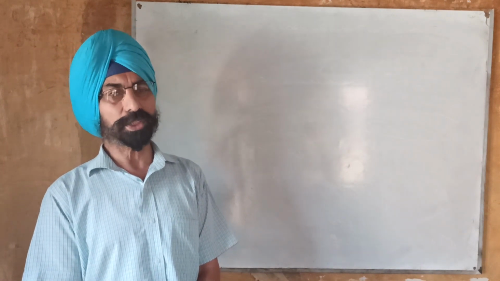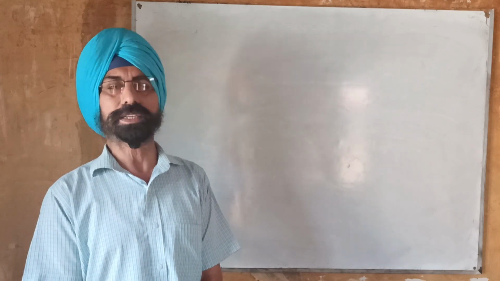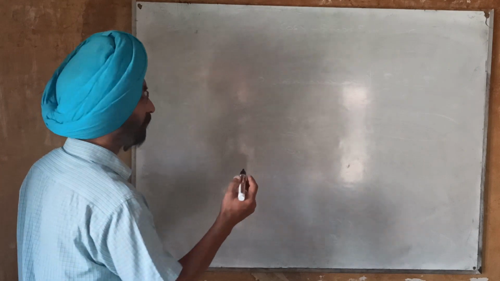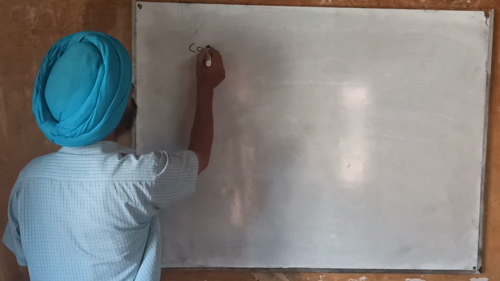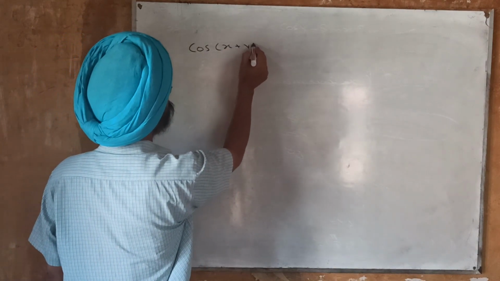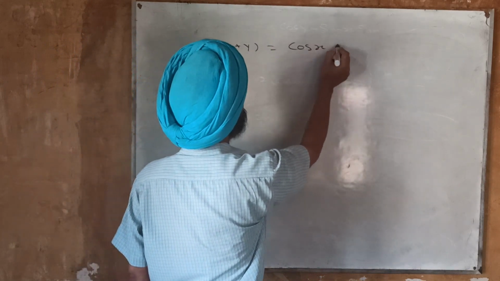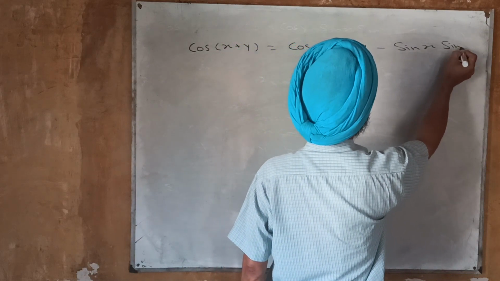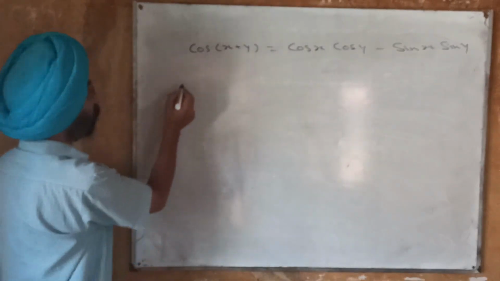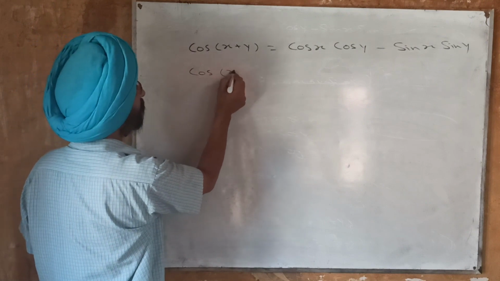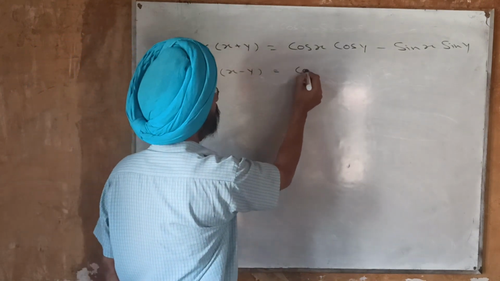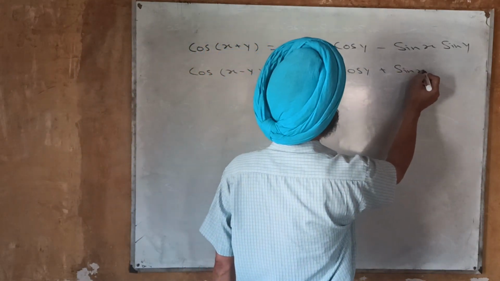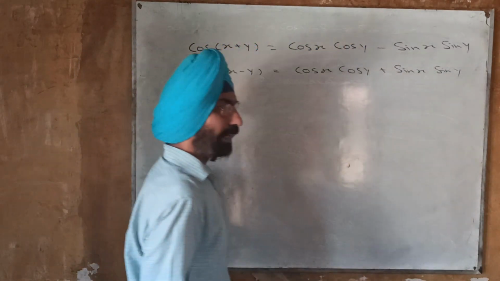So once again we continue from where we left the topic in the previous video. In the previous video, we derived the first formula: cos(x + y) = cos x cos y − sin x sin y. The second one was cos(x − y) = cos x cos y + sin x sin y.